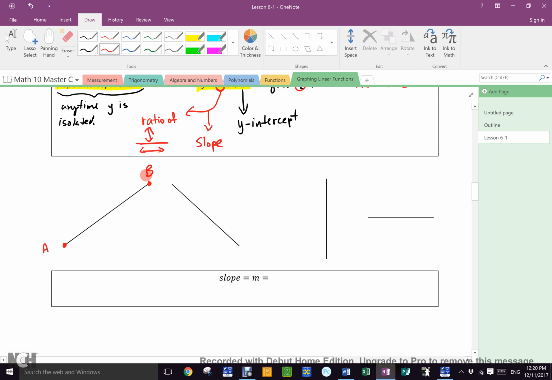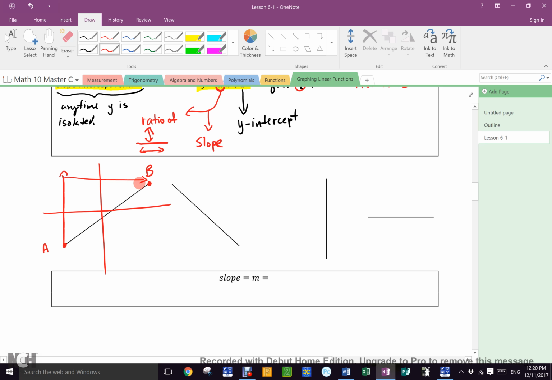If I, Mr. Myers, want to get from point A to point B, and I am on a graph, how would I do that? Describe to me how I could get here, but I'm not allowed to walk diagonally. I would go up, and then what? Turn right. Does everyone agree?